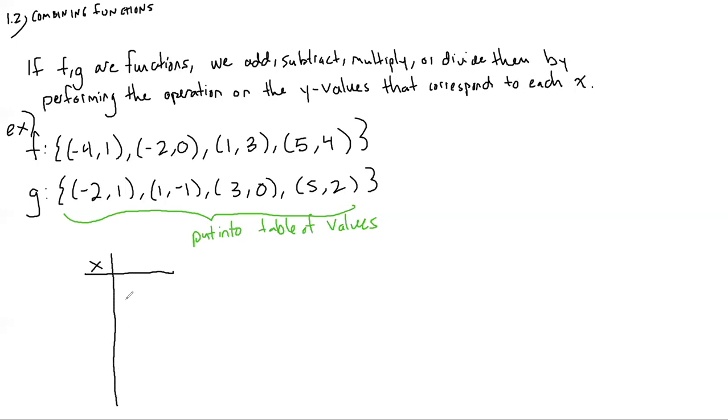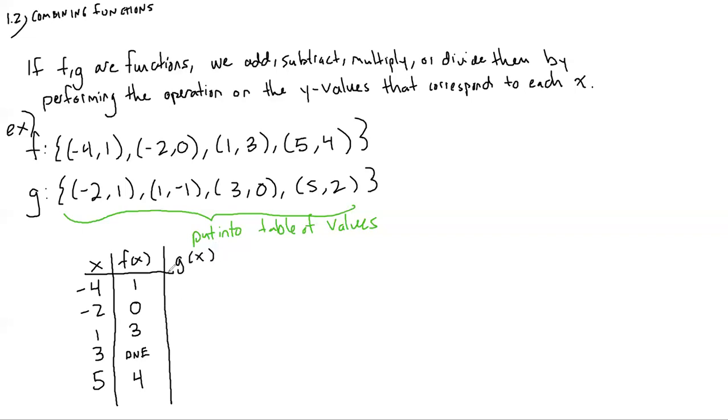If you look, I've actually got 5 different x's listed: -4, -2, 1, 3, and 5. And my f of x that goes with it, so the output for -4 for f is 1. We have -2 and 0, 1 and 3. I don't have anything for 3, so I'll just put a DNE for does not exist. And then 5 goes with 4.